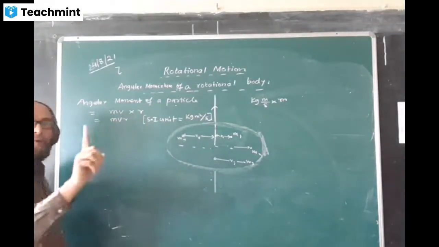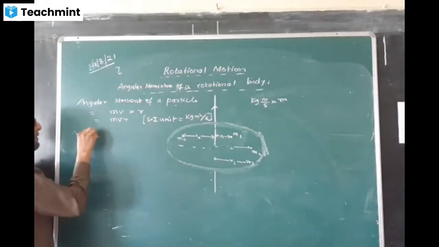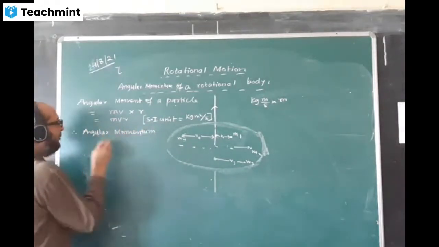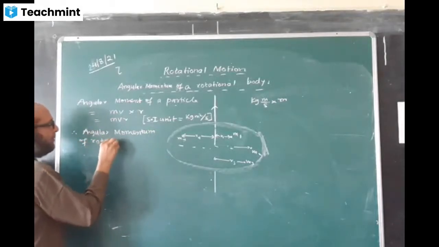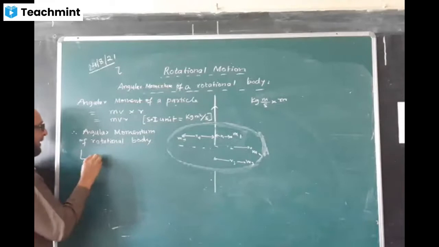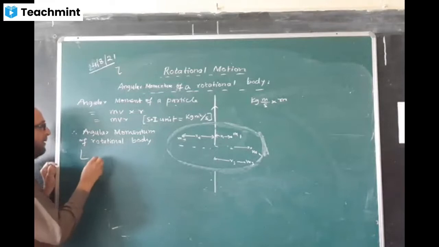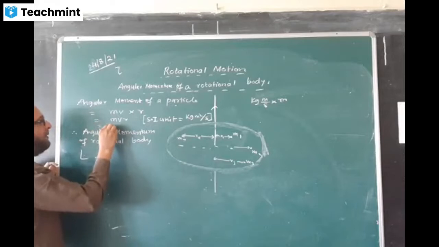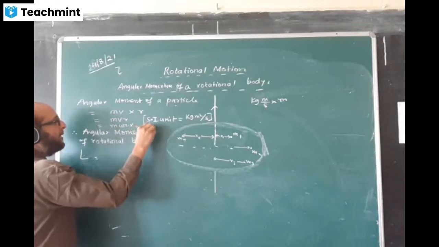So this is the angular momentum of one particle. For the entire body, write down: angular momentum of a rotational body, denoted by capital L. We follow this equation, or go one step further: put v as omega r, multiplied by r, so it becomes m r square omega.